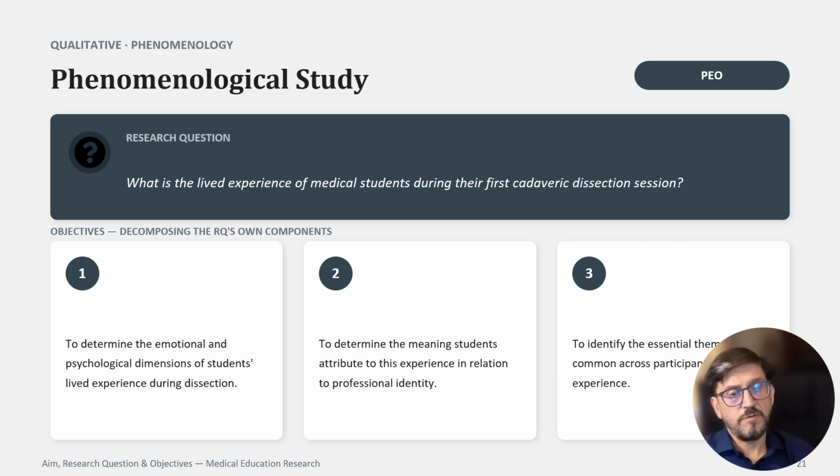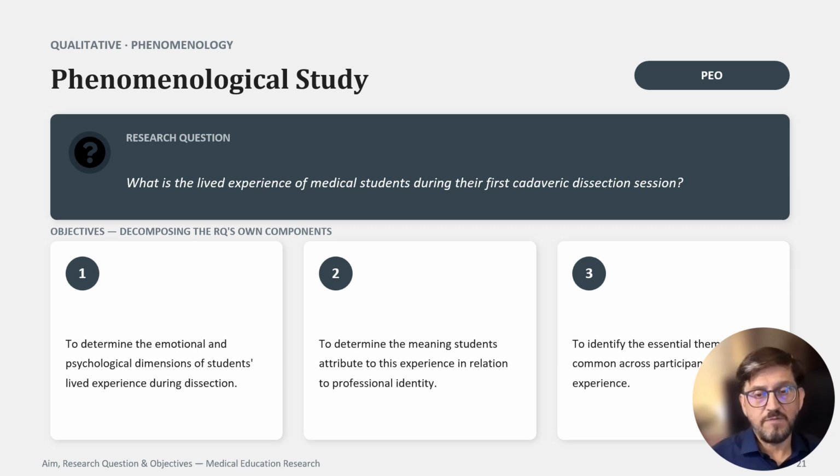Let's take you to the phenomenological study, and this is about: what is the lived experience of medical students during their first cadaveric dissection session? Again, decoding PEO here, the population is medical students, exposure is the first cadaveric dissection session, and the outcome is the lived experience.